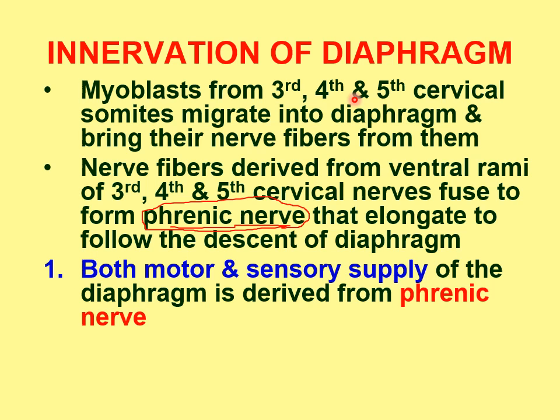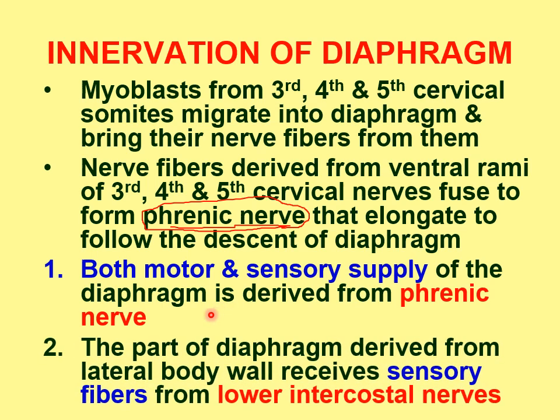This helps in the elongation of the phrenic nerve as well. So the nerve arising from the 3rd, 4th and 5th cervical somite region becomes longer to reach the diaphragm, which is now located at L1, the first lumbar vertebra.